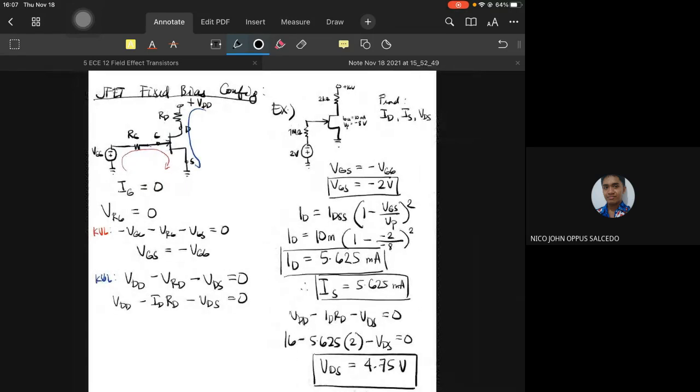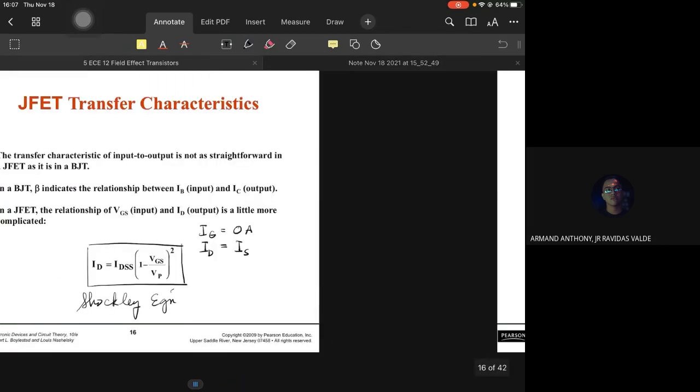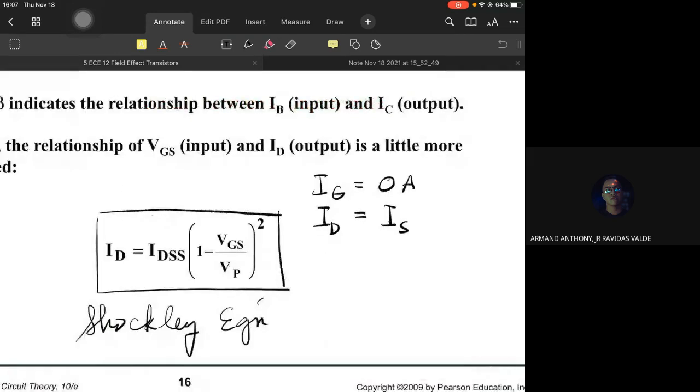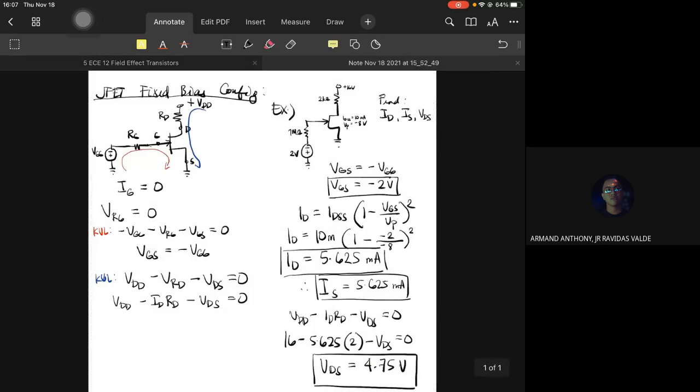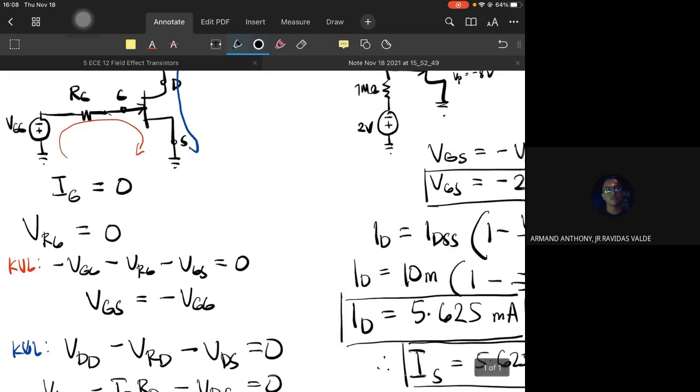Any questions so far? Sir, why is ID equal to IS? That is a characteristic of the JFET. Because IG is equal to 0, the JFET is a high input impedance device. So IG is equal to 0 here, no current flows in the gate.